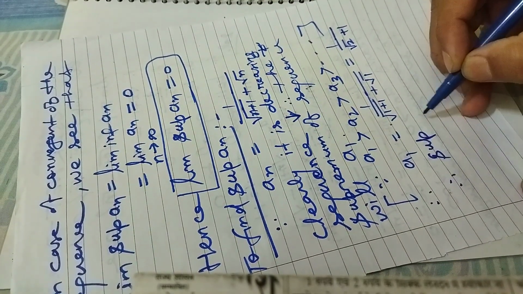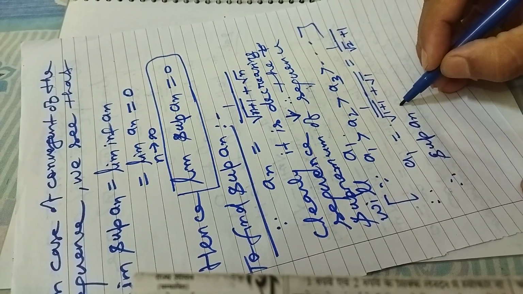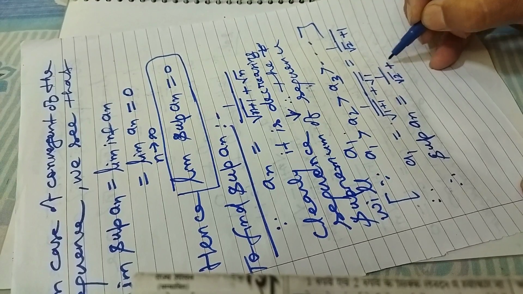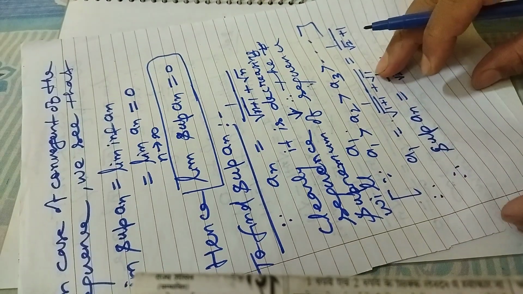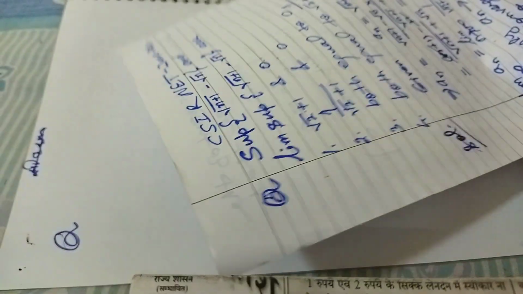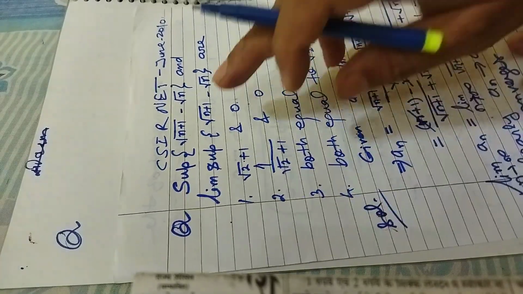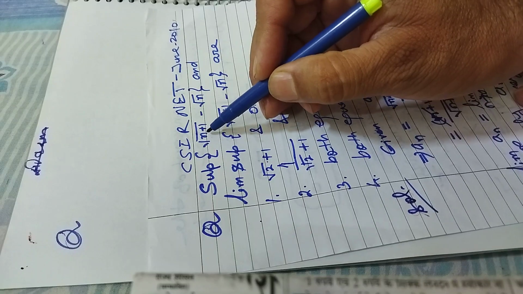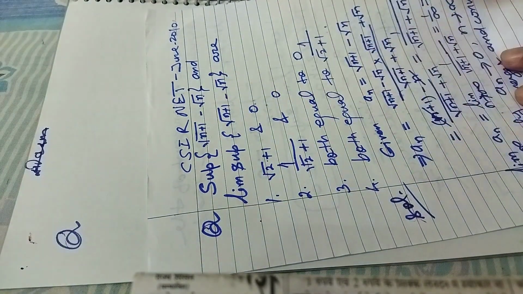Therefore, the supremum of an will be equal to 1 upon root 2 plus 1. Right? We see the question: we have to find the supremum of root n plus 1 minus root n, and the limit supremum.